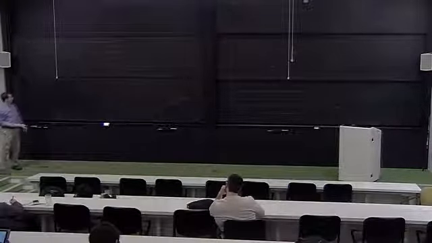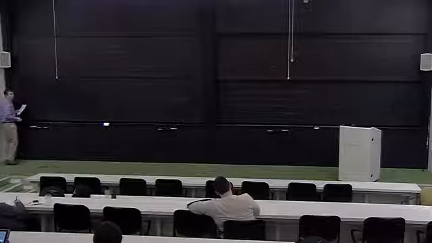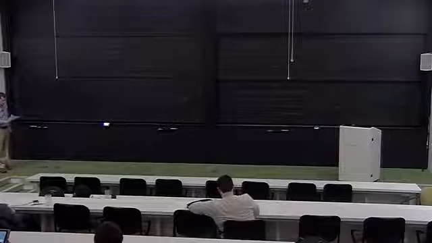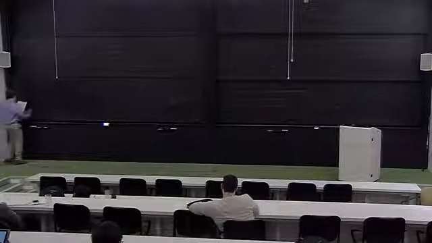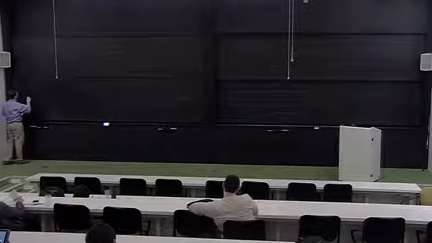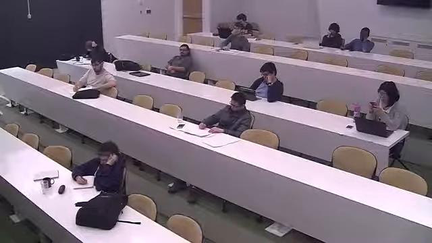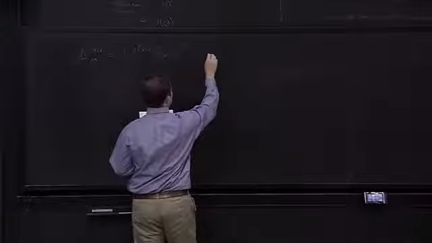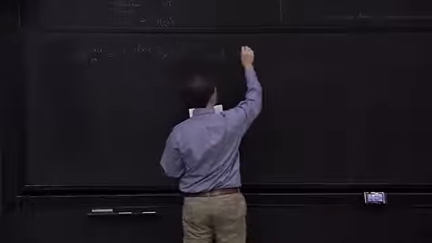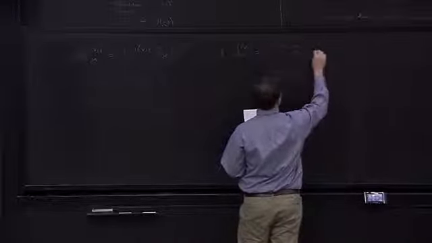So what does all this imply about the vacuum of Yang-Mills theory? Like the periodic potential from yesterday, Yang-Mills theory has multiple minima. And to see this, let's consider two different gauge field configurations. A mu 1, which is just U1 inverse d mu U1, and A mu 2, which is U2 inverse d mu U2.